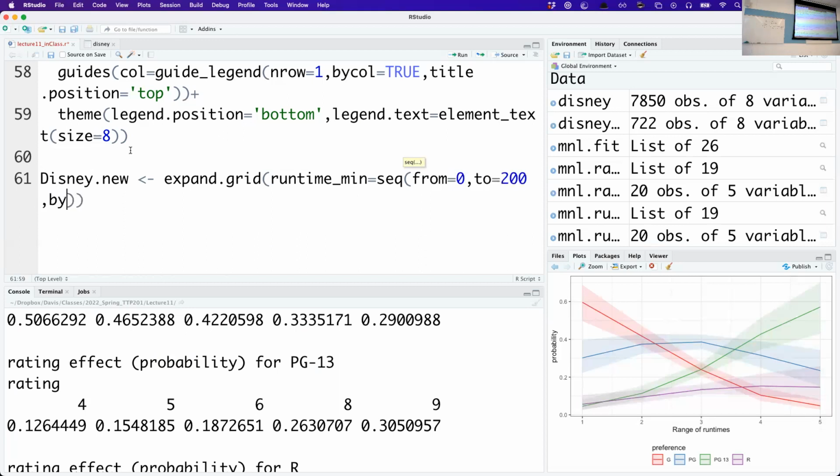So what I'm going to do is feed in some values. I'm creating this grid of basically a bunch of different possible movie runtimes versus vote ratings. And then I'm going to feed that into a predict function to look at all the probabilities.